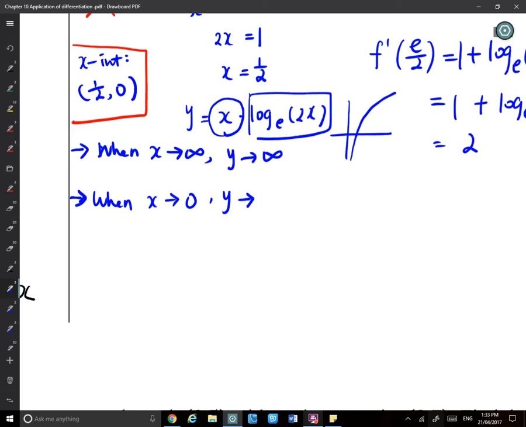I'll ask you first: a number times a really small number, what will that become? Like 100 times 0.000000001, what will that become? It approaches 0.